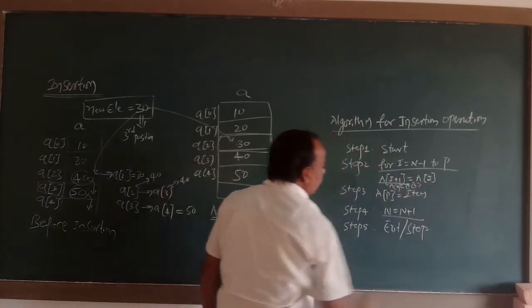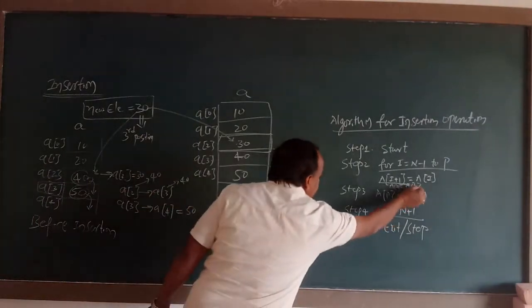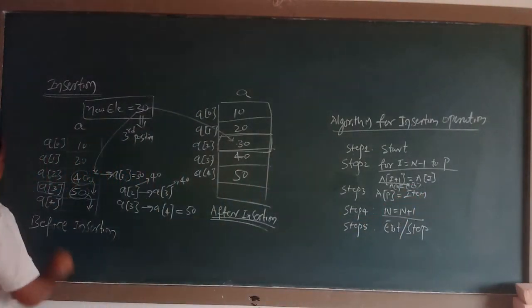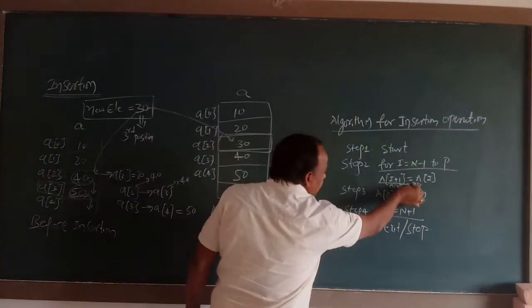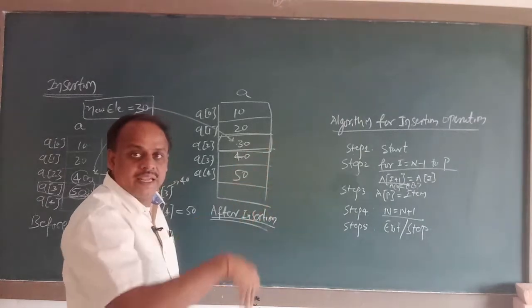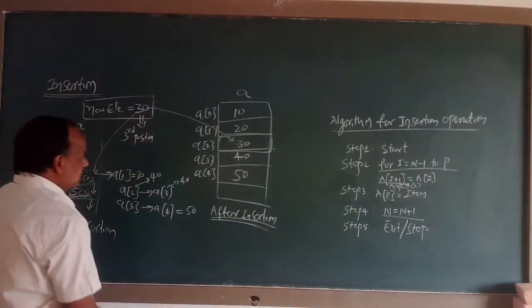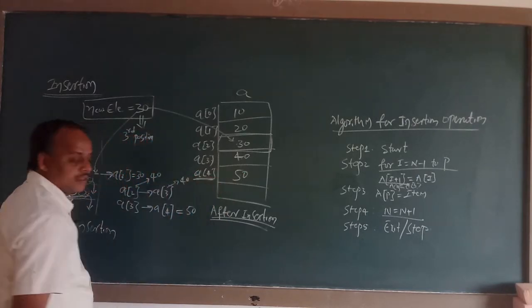It means a simple thing. What is there in A of 3? In A of 3, 50 is there. That 50 is assigned to A of 4. That 50 is going to be stored in A of 4. See here, that's why 50 is there in A of 4.